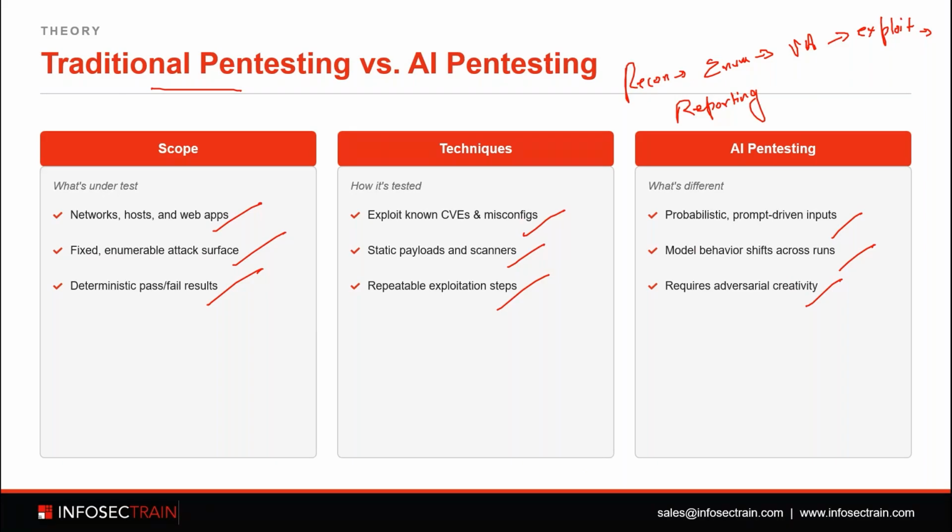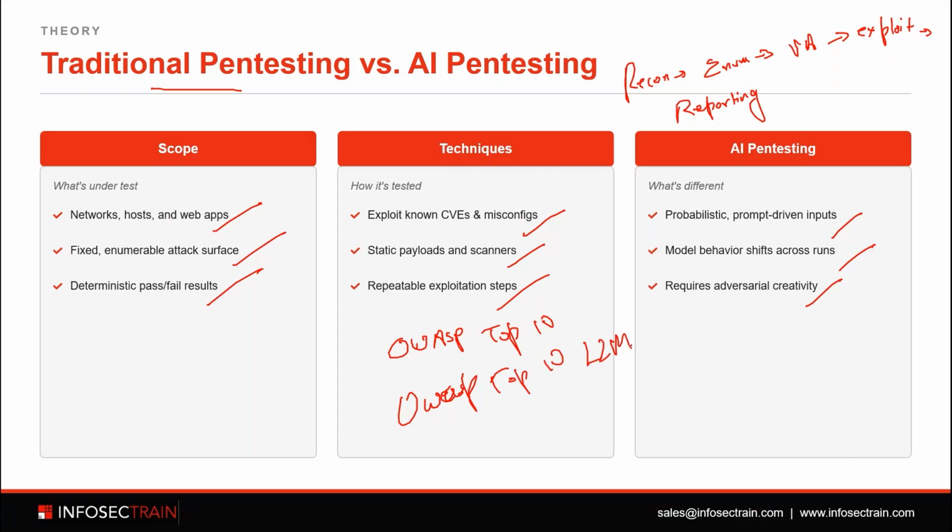There are tools and frameworks which can be used, right? Like in normal web application pen testing, you will be using the OWASP Top 10, right? But in AI, you will be using the OWASP Top 10 for LLM, right?